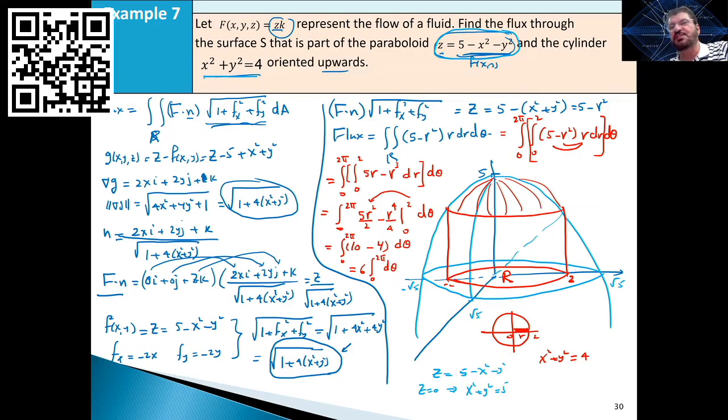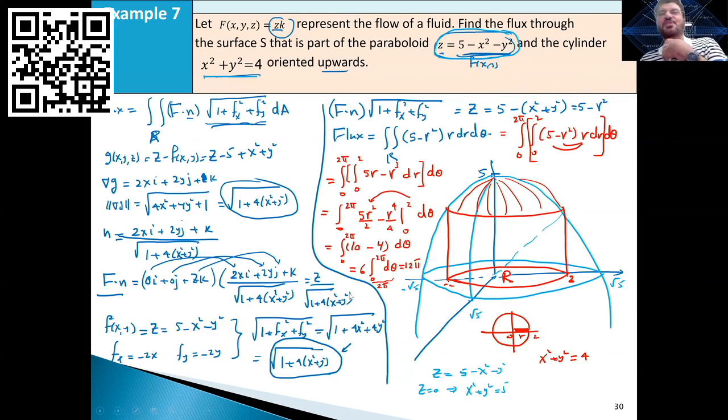But we know that this is 2 pi, so the answer is 12 pi, because this one is 2 pi. Oh, sorry, this is exactly the flux of water that's coming out of this space.